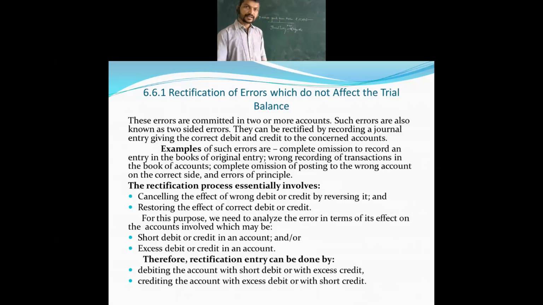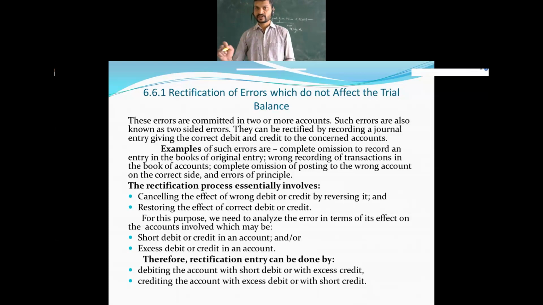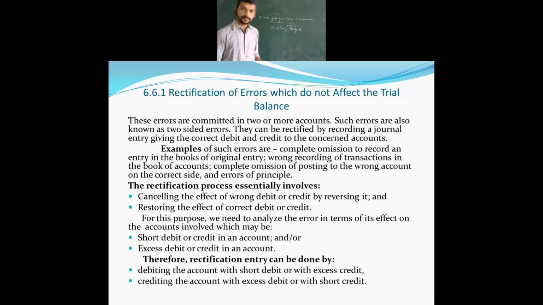Just by correcting the debit and credit side. You have to reverse the transaction. How will the transaction be reversed? If the purchase is to be shown in the debit column and you have done it in credit, you have to transfer it here. That is shifting or reversing the entry.